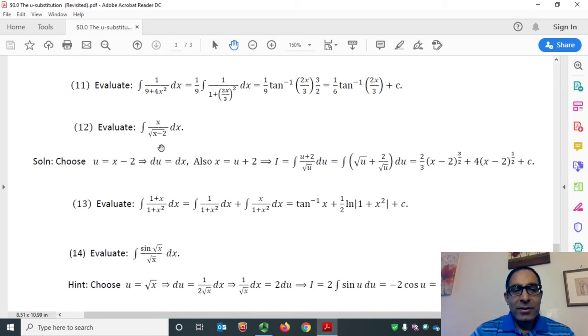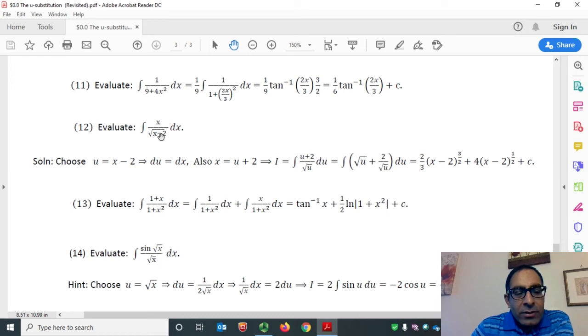Then rewrite the given integral. So before that, let's rewrite x also here. Write x equals u plus 2, so that I can replace this x in the denominator in terms of u. So keep in mind, our new integral has to be an integral in terms of a single variable u. Okay, I cannot integrate if I have u and x terms mixed up there. I hope this makes sense to you all.